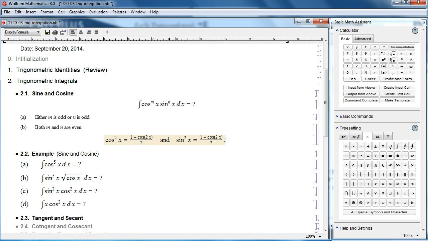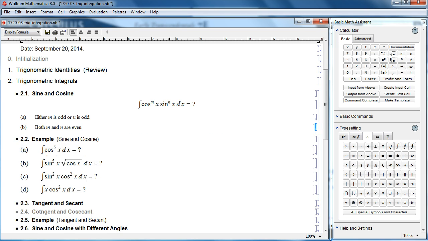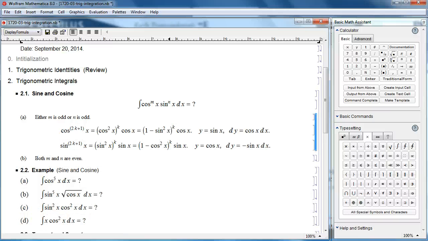Let's go through an example where we have to utilize that, and here's one such example. Example C, sine squared times cosine squared. Both are even, so we do not have a good way to substitute and then take care of this lone sine of x or lone cosine of x, as we had in these examples here.